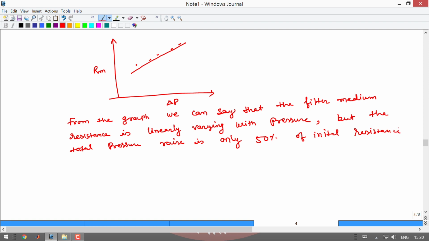But in this case, if you see the table, the pressure rise is almost 6 to 7 times the initial value.